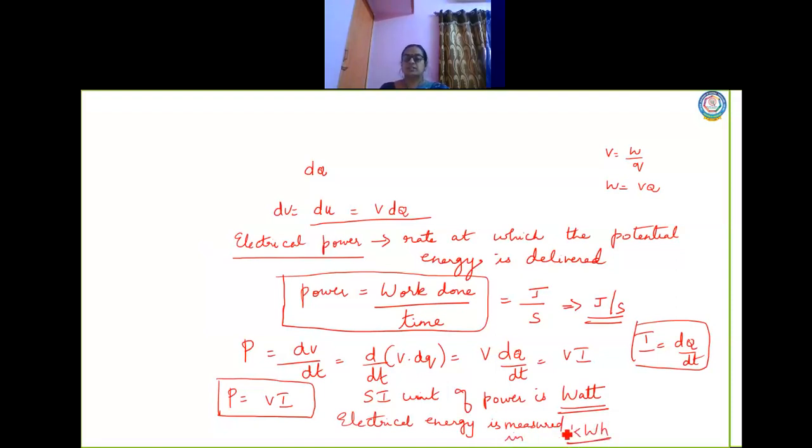Now this you can see in your meter board. Whenever the people from the electricity board come and take the reading, they will say 110 units, 220 units, this much unit of energy is consumed. Now that is measured in kilowatt hour. Okay, 1 kilowatt hour is 1 unit.